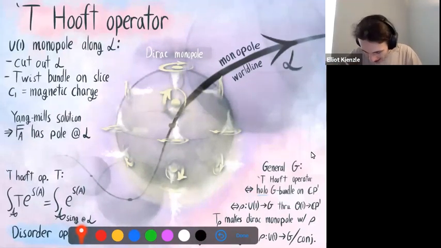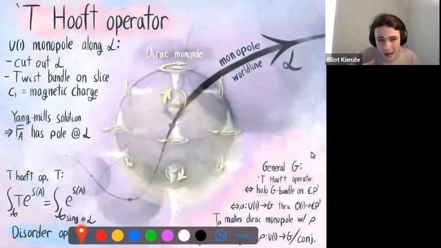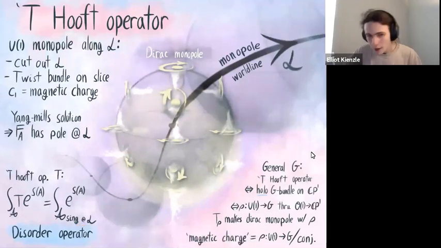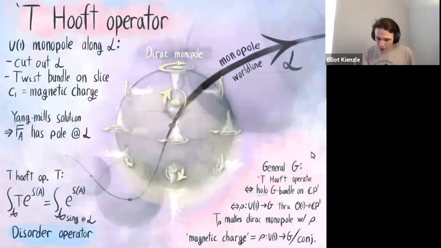It's pretty cool. Essentially the action of the 't Hooft operator is to make a monopole at a given point P associated to this U1 homomorphism. And our analog of magnetic charge, the thing classifying these 't Hooft operators, is now a homomorphism from U1 to G modulo conjugation, i.e. modulo gauge transformations.